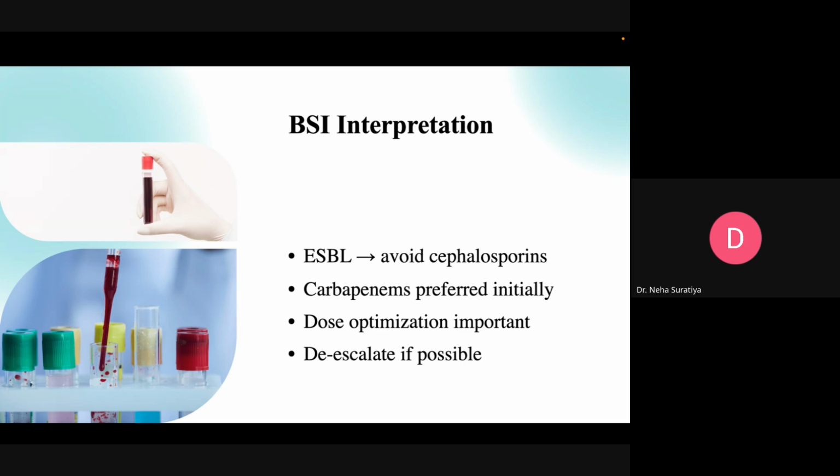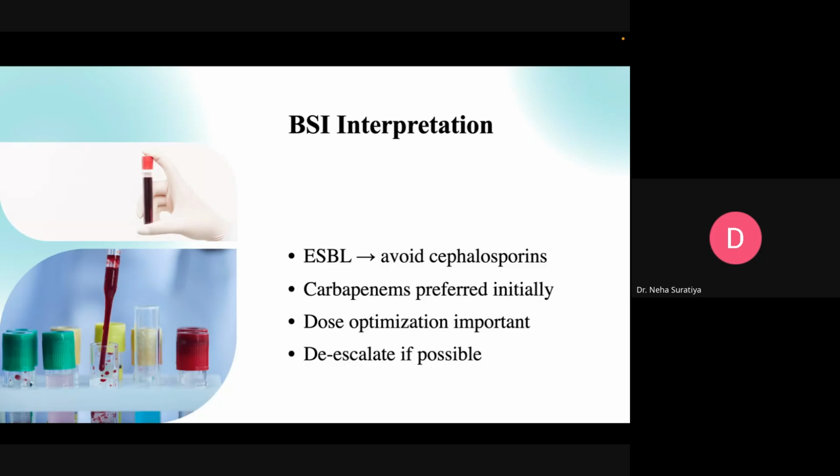Dose optimization, of course, it is important. Further, you can de-escalate after some time if possible. So if an ESBL infection comes, cephalosporin will fail. Carbapenem will be the drug of choice. Pharmacists are responsible for ensuring the correct carbapenem selection. Which carbapenem drug you will select?